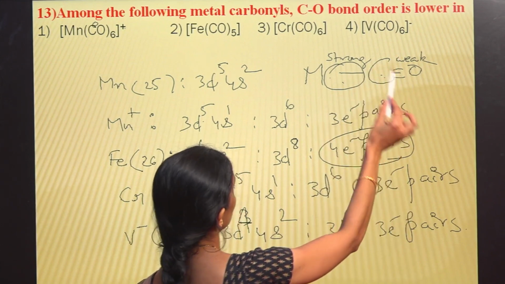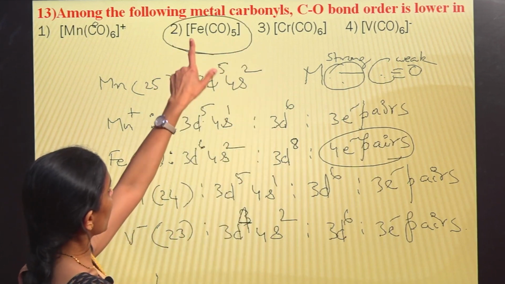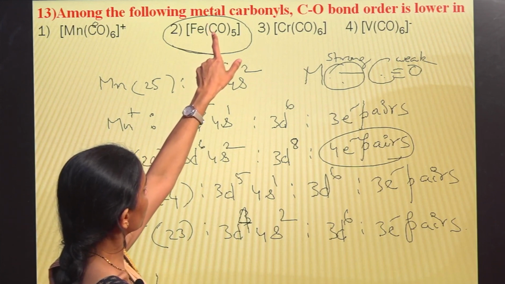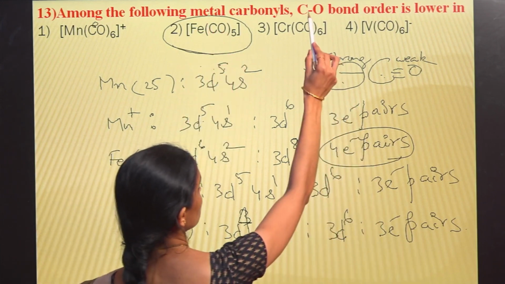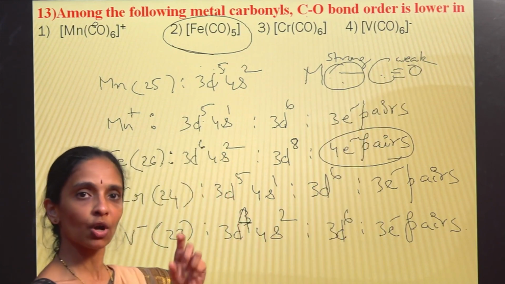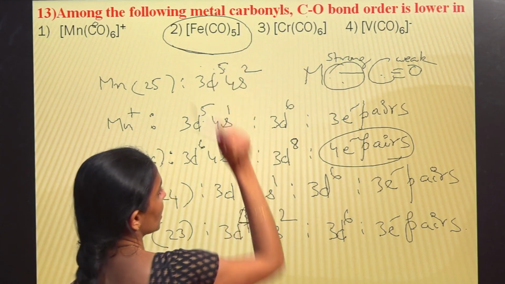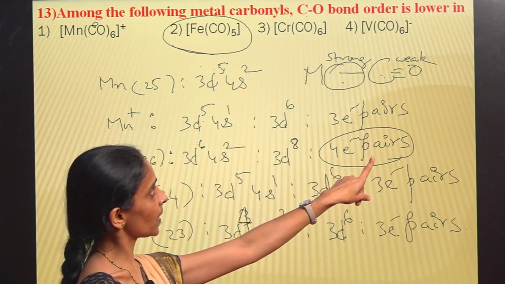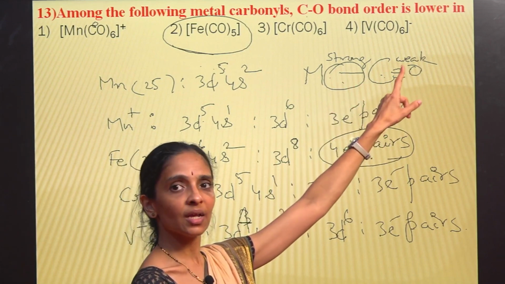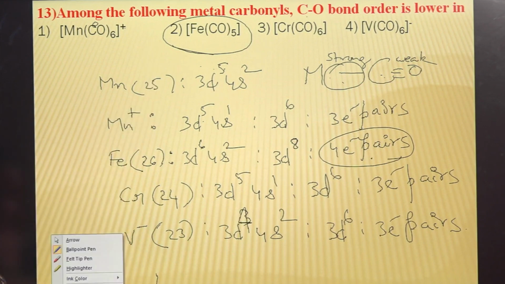And so in the case of the second complex you have a strong bond between Fe and C and a weak bond between C and O. So C and O bond order is lower, bond weak means bond order is lower. That happens in the second case. Okay, just the electron pairs are there, metal carbon bonding is strong, carbon oxygen bonding is weak. So option 2 is the right answer.